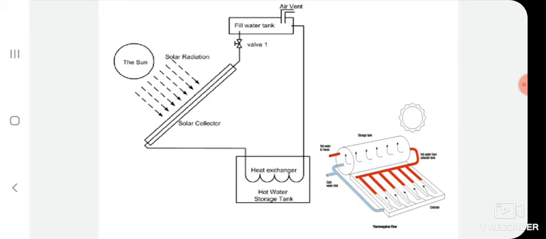The water leaving the collector is hotter than the water entering it. There is an entering point and an exit point. The water entering the solar collector is colder as compared to the water leaving the collector. During that circuit, the water gets heated.